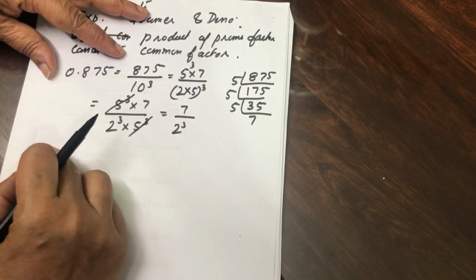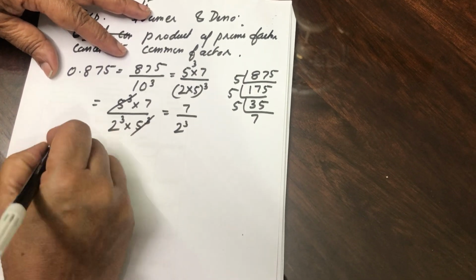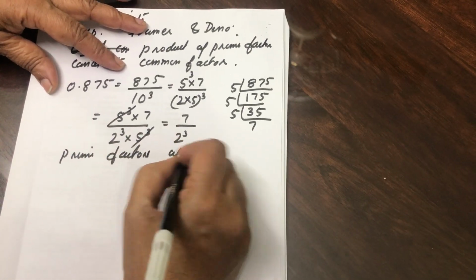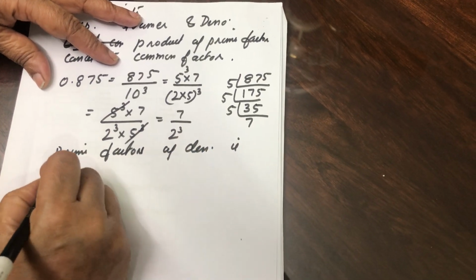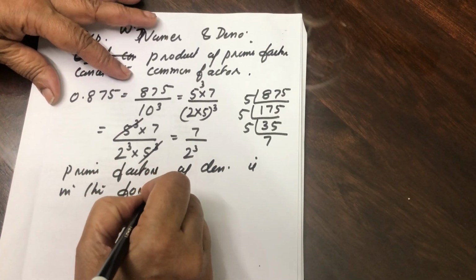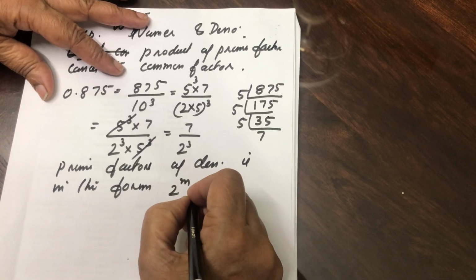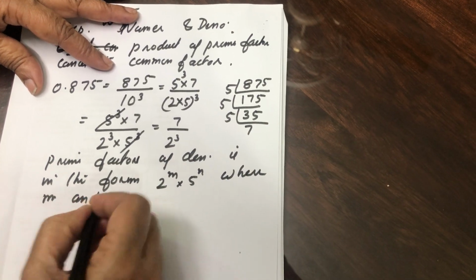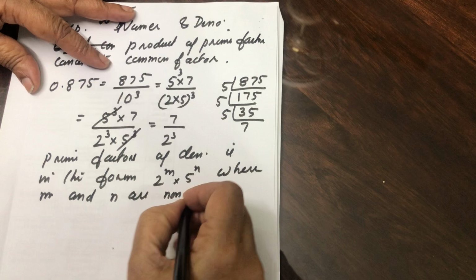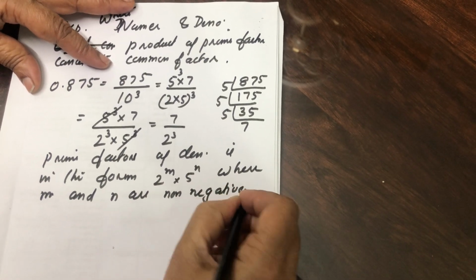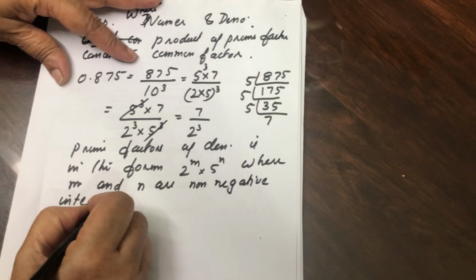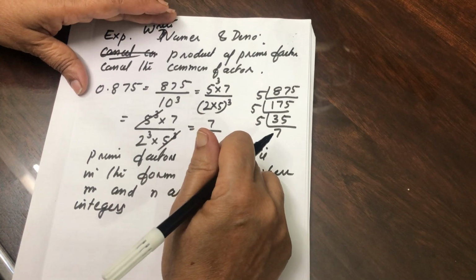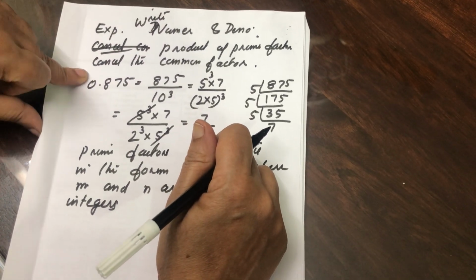Therefore if the prime factorization of the denominator is in the form of 2 raised to m into 5 raised to n, where m and n are non-negative integers, then you can say that rational number is having a terminating decimal expansion.